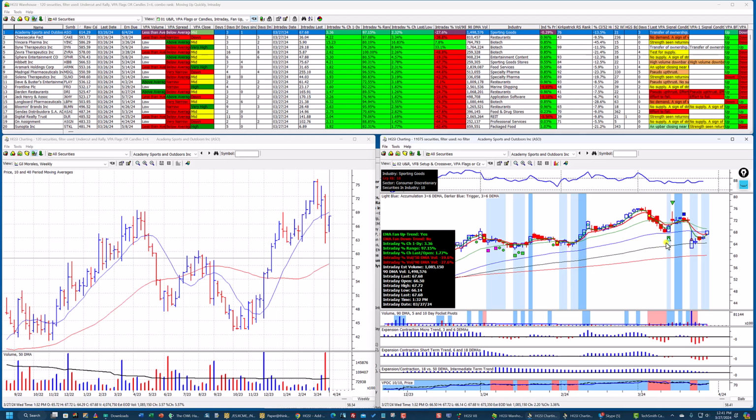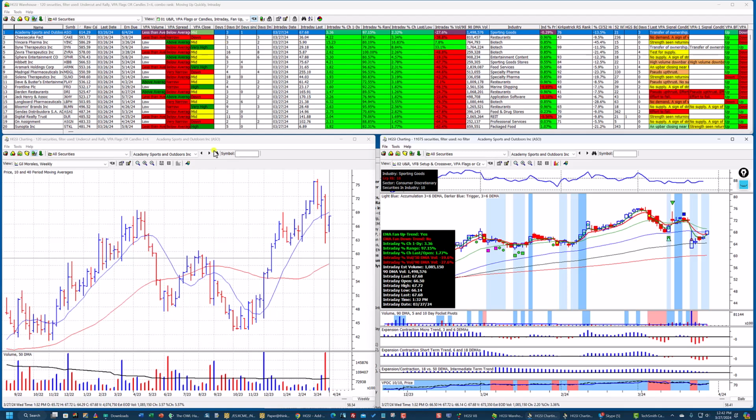You can see the light blue bars are either a VPA flag, which you can see here, or a bullish candle. So that's how I put the filters together to determine if they're getting some buying support.